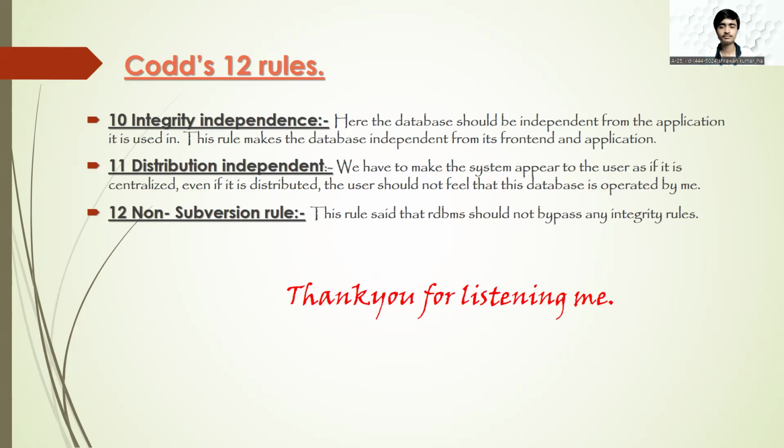This rule says that if any database is decentralized, the user should feel that the database is centralized and operated by them, and if we give any command, the database will follow this command and work according to that command. The last is the non-subversion rule. This rule says that an RDBMS should not bypass any integrity rule.